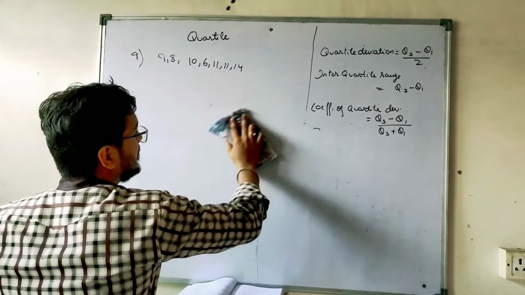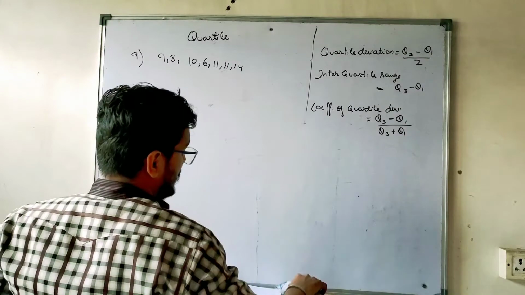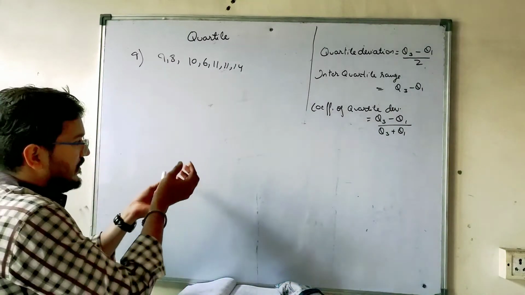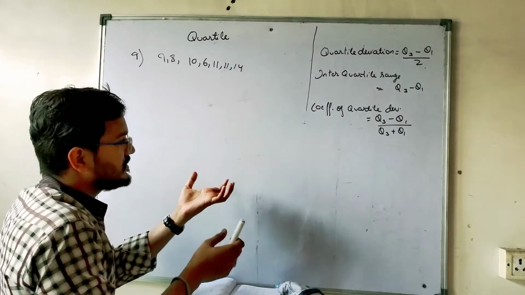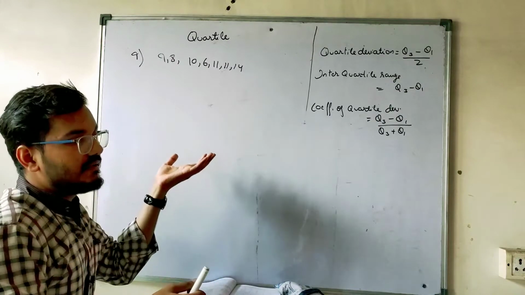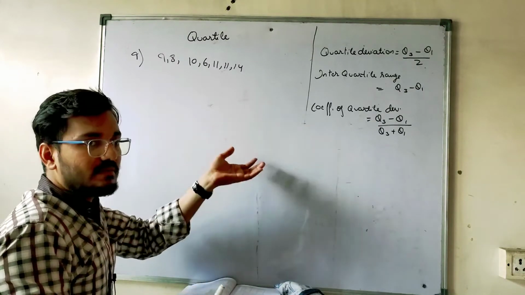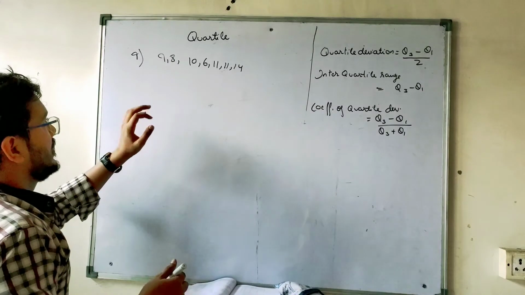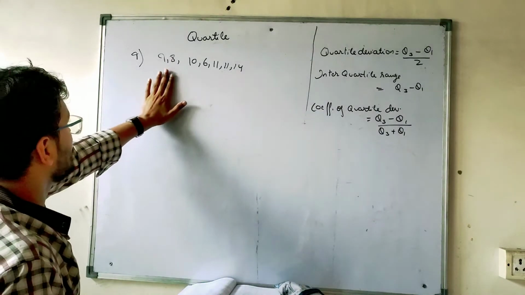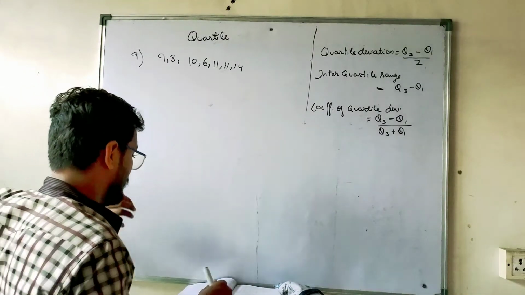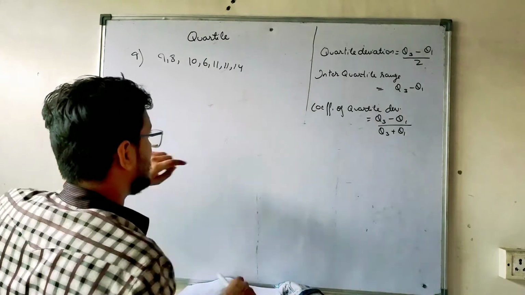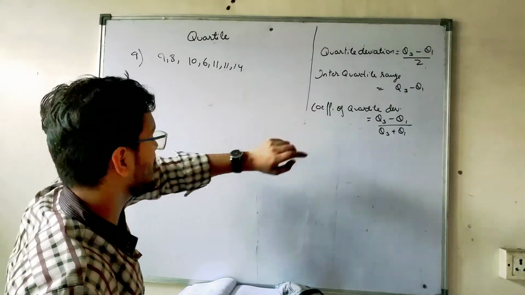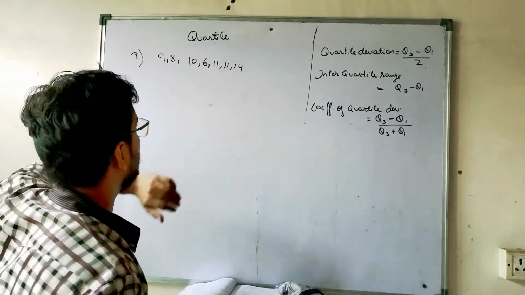Quartile means median, right? Lower quartile means the median of the terms which are below the median. This is question number 9. We have to find the coefficient of quartile deviation, so we require the lower quartile and upper quartile.